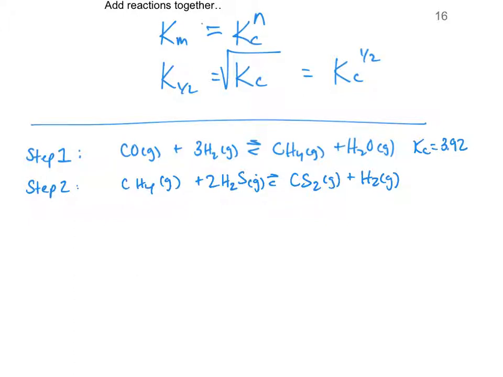Just to simplify later on, I'm going to call the equilibrium constant from step 1 K sub 1, and the equilibrium constant from step 2 K sub 2. And this is a huge number for step 2. It's 3.3 times 10 to the 4.